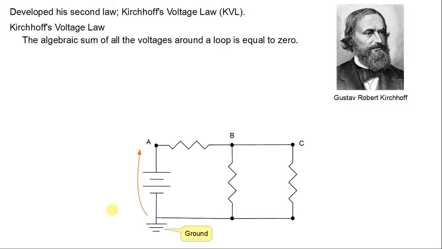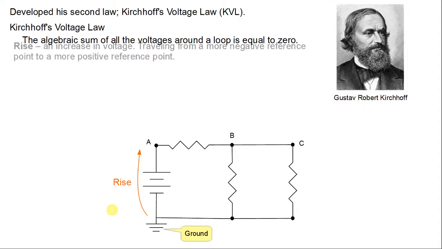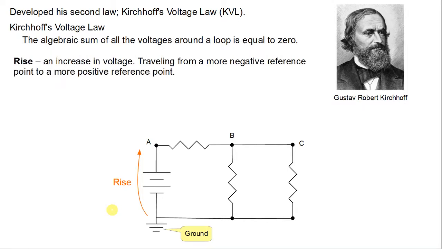Now we have a new term that we're going to use, and it's called a voltage rise. A voltage rise is an increase in voltage, simply stated, or a more accurate way of stating that is you're traveling from a more negative reference to a more positive reference.